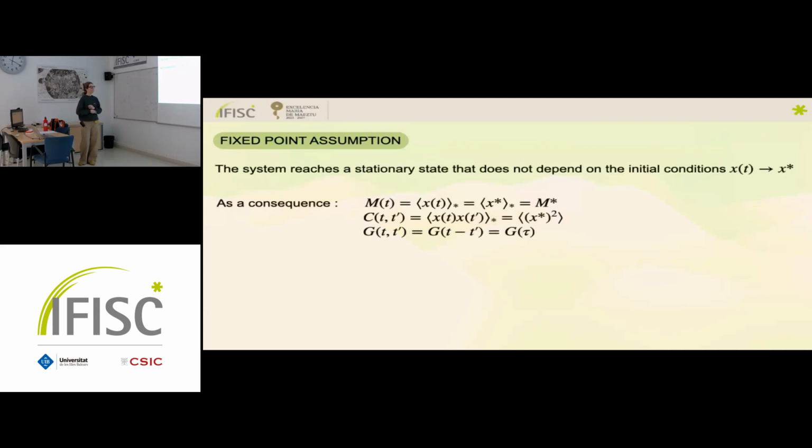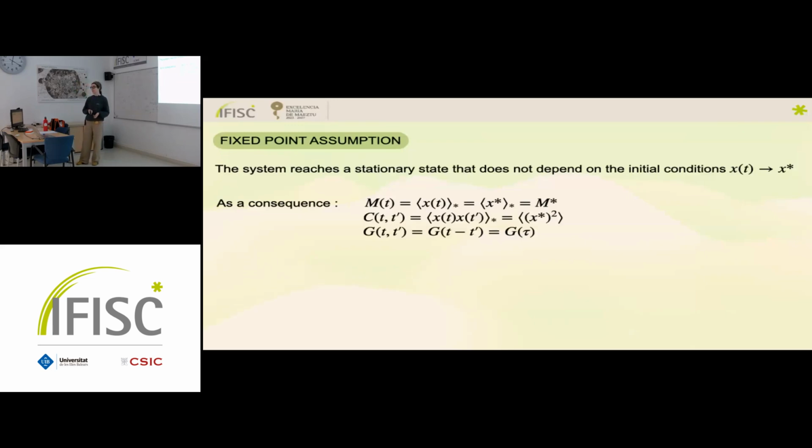Okay. Going back to our final step of the theoretical study, we got all that information. Still, it's not enough to find our system of simple equations from which we can draw all the quantities that we want. So what we do is use the fixed point assumption.